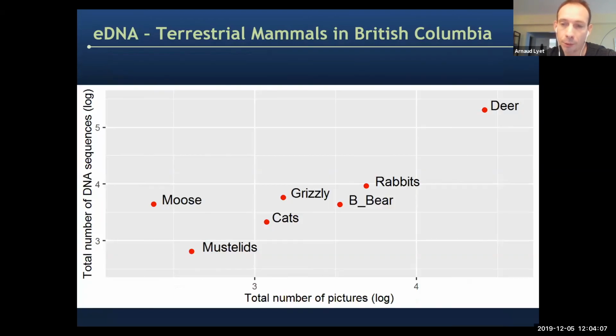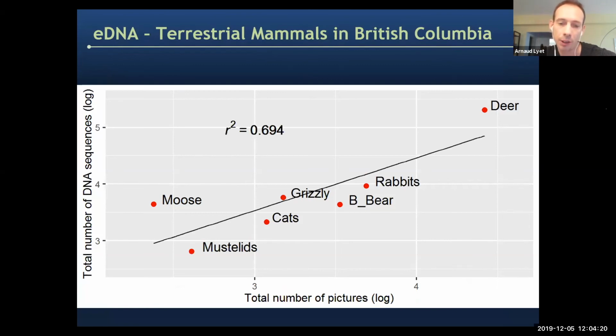And we plot the results only for, like, we grouped the different species together for the mustelids, for instance, for the cats, and the deer.